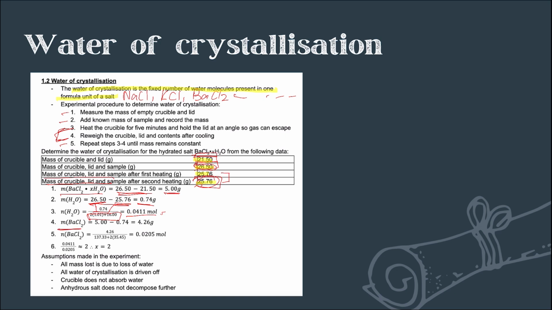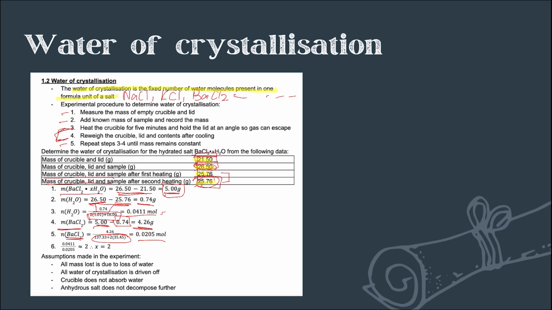The mass of salt on its own is 5, which is the hydrated salt, minus the water mass, which gives us 4.26. 4.26 divided by the molar mass of BaCl2 gives us 0.0205, and that is the moles of BaCl2.